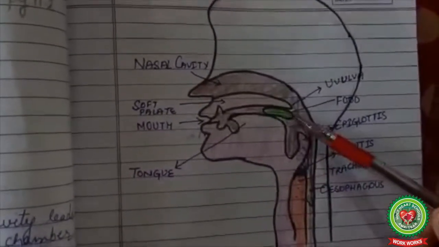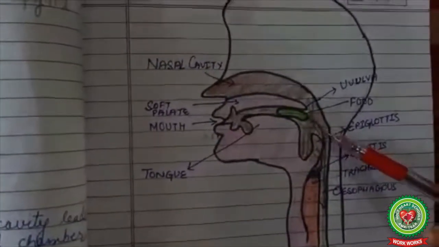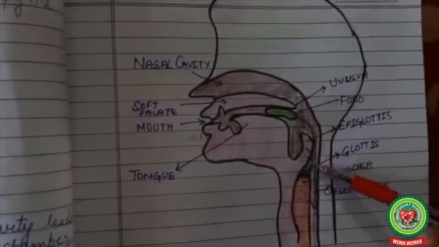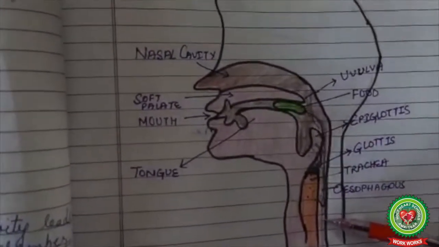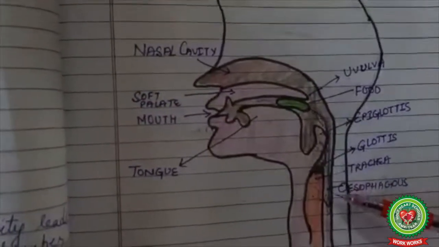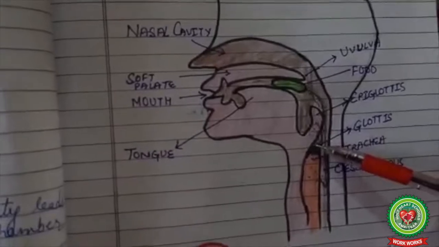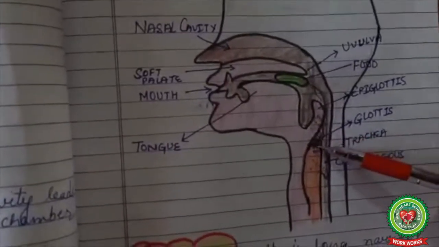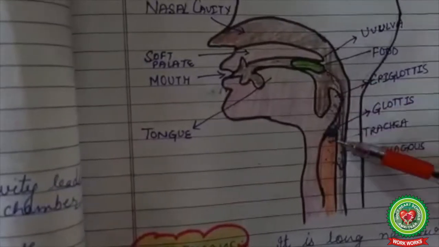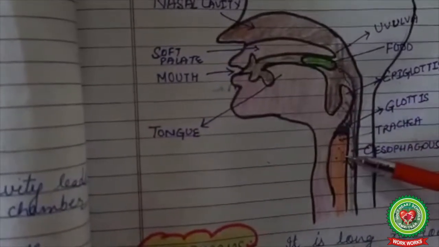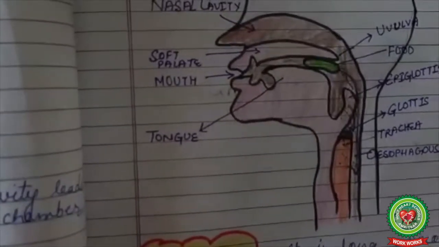When we eat food, the food goes into the pharynx, and the epiglottis covers the glottis and the food directly enters into the esophagus. But if we talk while eating, the epiglottis will not cover the glottis properly and food may enter into the windpipe, which may lead to choking, and choking ultimately leads to death of an individual.